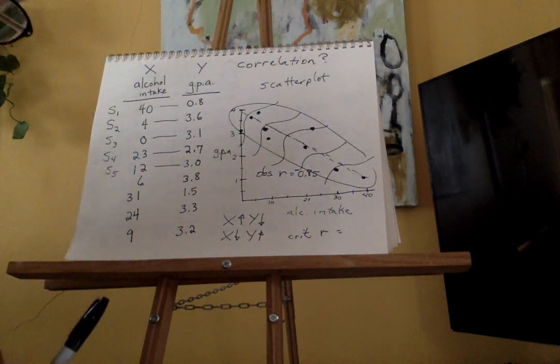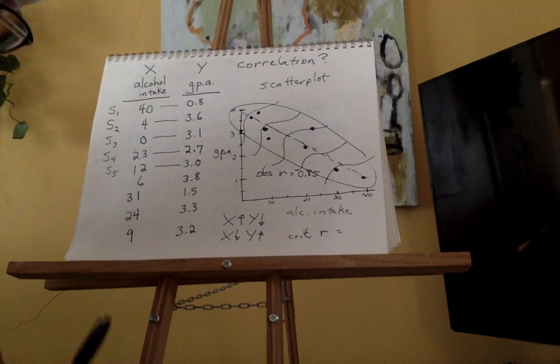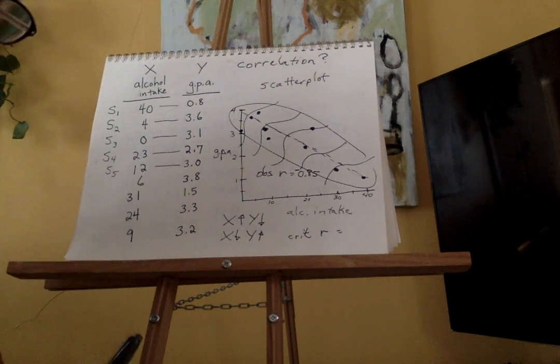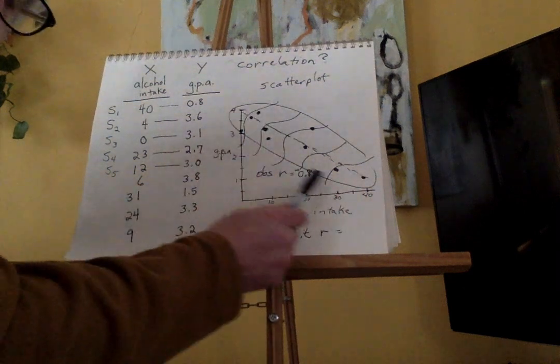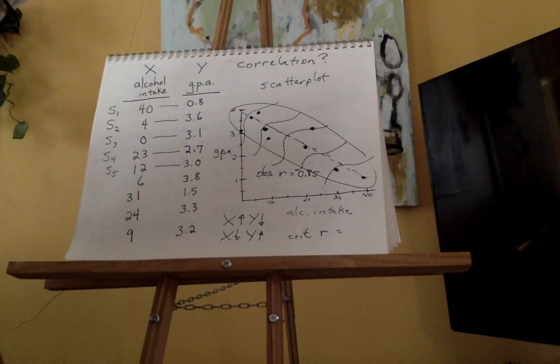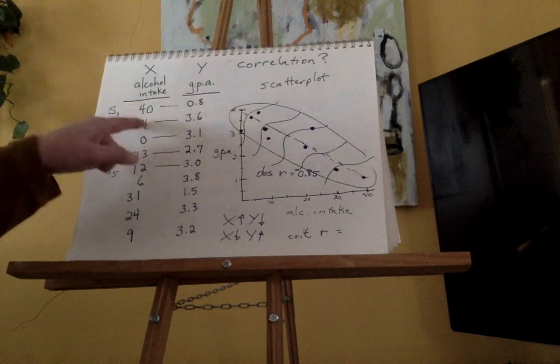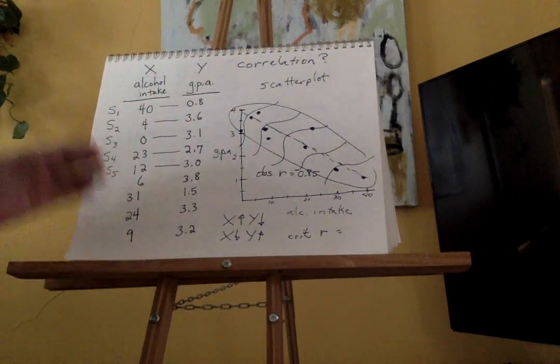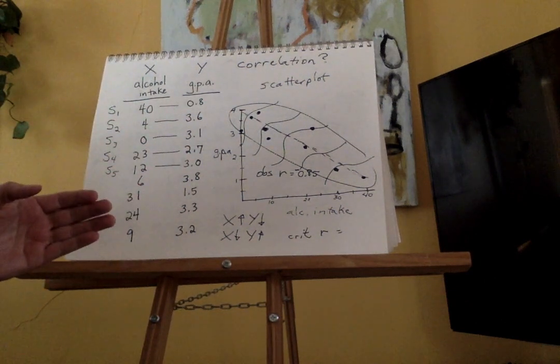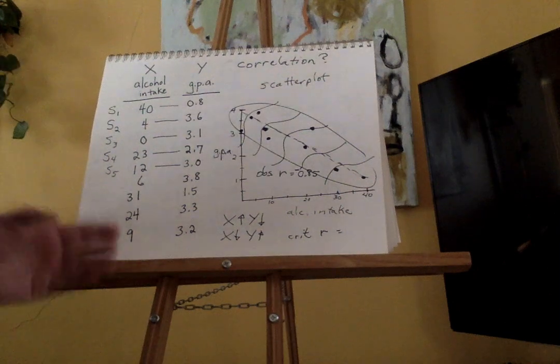The n that we're talking about here, please pay attention, take notes, okay? The n that we're talking about here is the number of points in your graph, or the number of pairs, right? The number of people that responded to your survey. So there was 9 people.